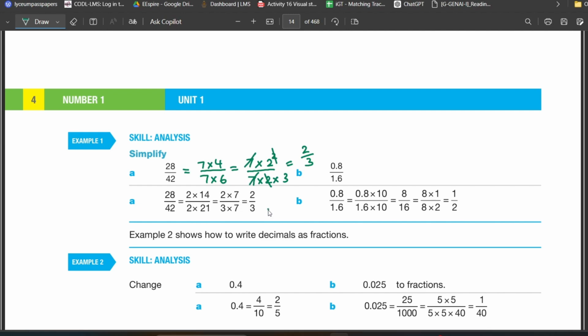Now you can see they have given the answer here. And also if we check example B, you can see we can get common factors. We can simplify this by multiplying both the numerator and denominator by the same number. We multiply by 10, we get 8 over 16. Then you can see 8 times 1 and 8 times 2, so we get the simplified fraction 1 over 2.